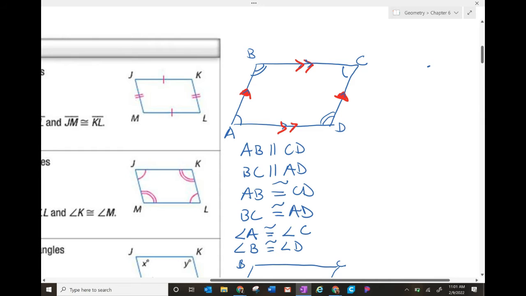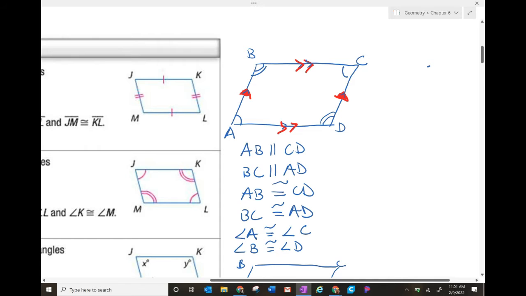Also, if you see the two lines straight by each other, that also shows you that they are going to be parallel lines. So the way I have this one written is that line AB, this one right here, is parallel to CD. So that's why I put those little triangles on them.